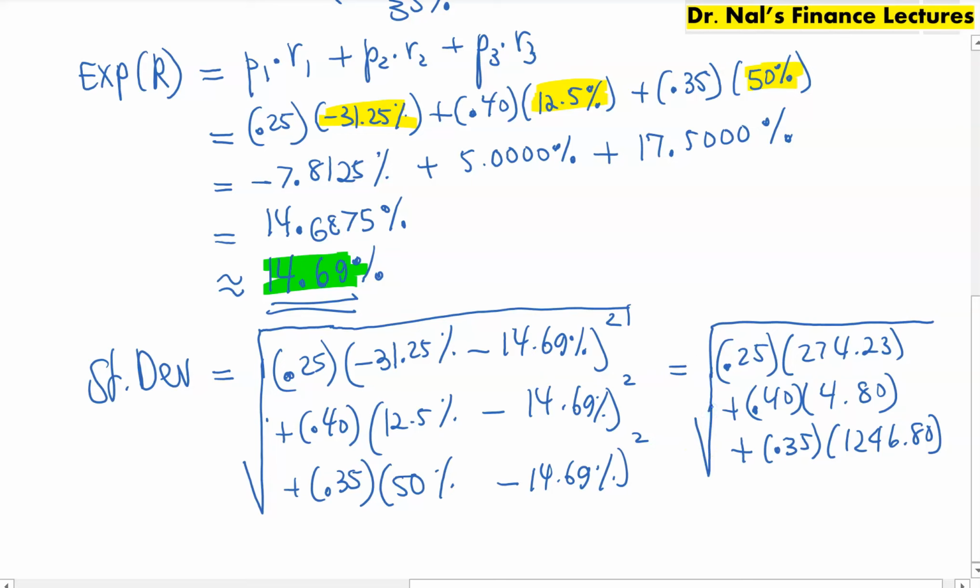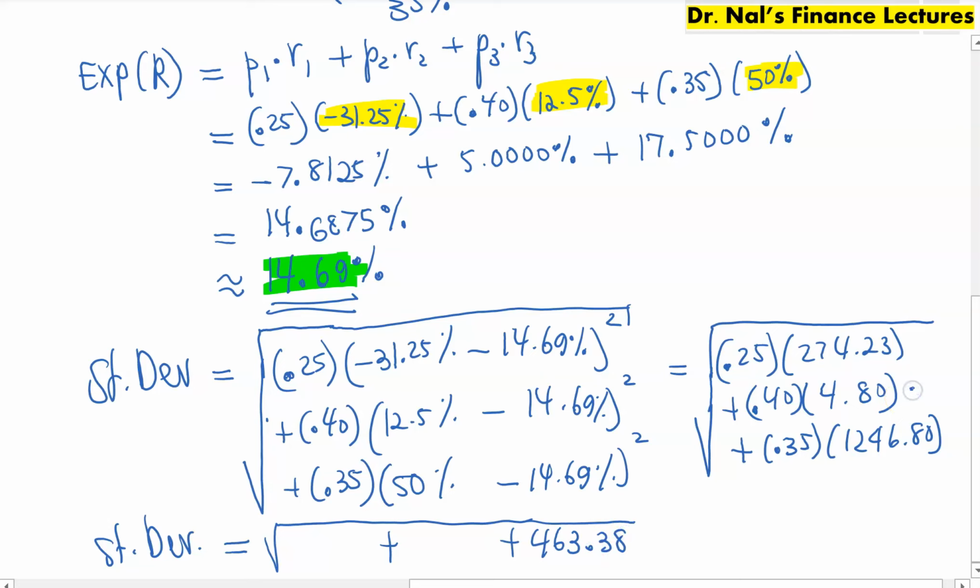Now we can go ahead and add up all these numbers and find the desired answer, the standard deviation of this asset. Okay, let me do the last one first, times 0.35. We will have three numbers. The third one is 463.38.